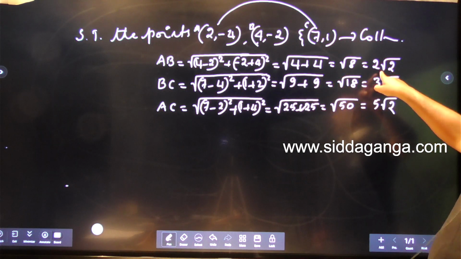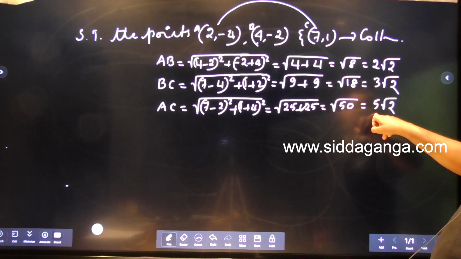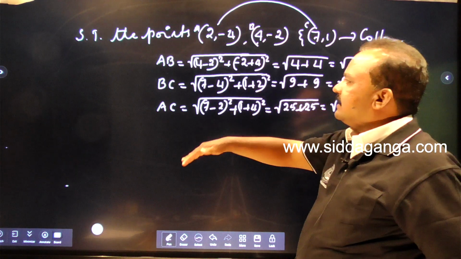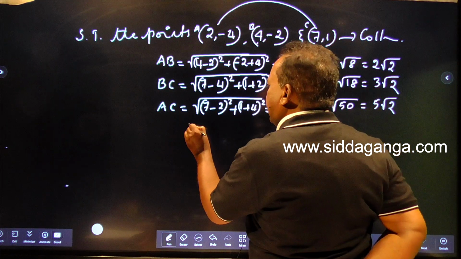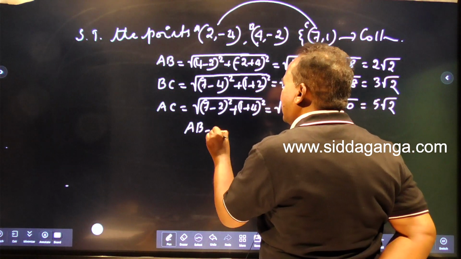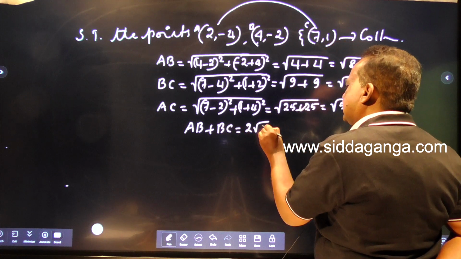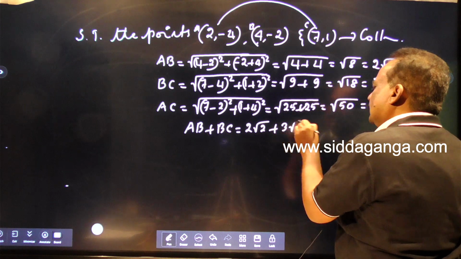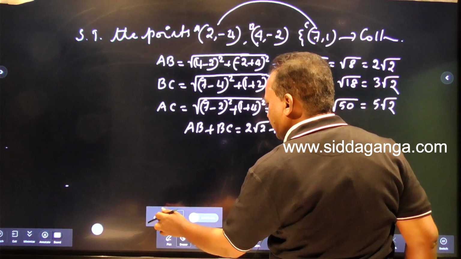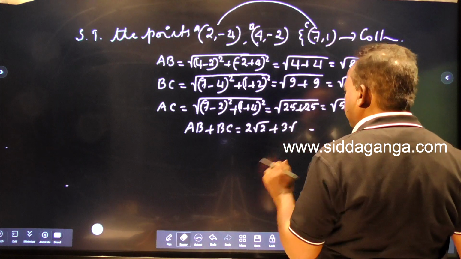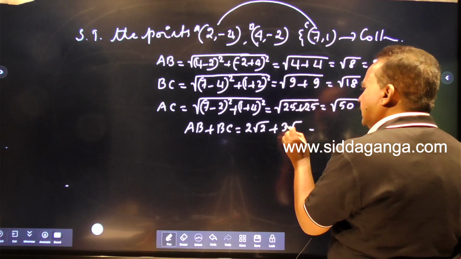The distance AB is 2 root 2. The distance BC is 3 root 2. So if you add these two, you are getting 5 root 2. So sum of two distances, that is AB plus BC, is equal to AC. That is AB plus BC is equal to 2 root 2 plus 3 root 2.